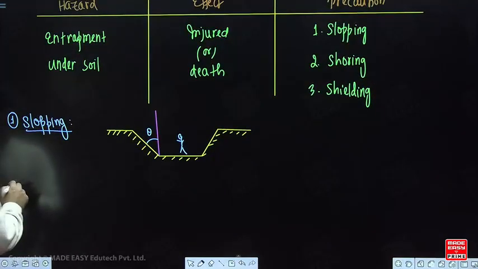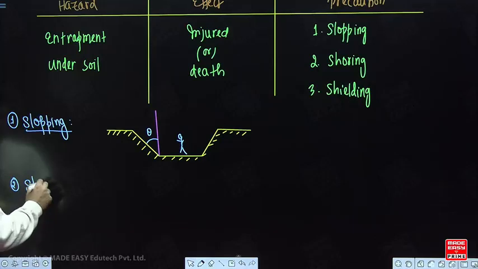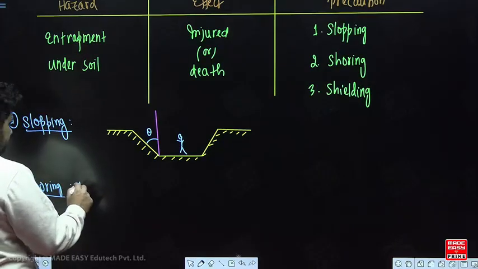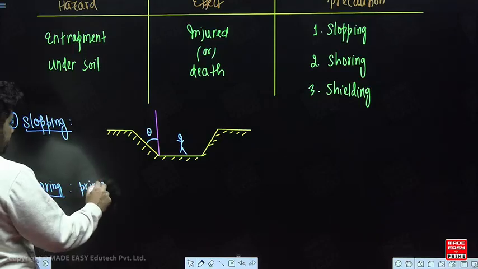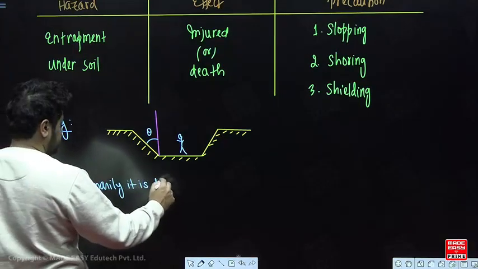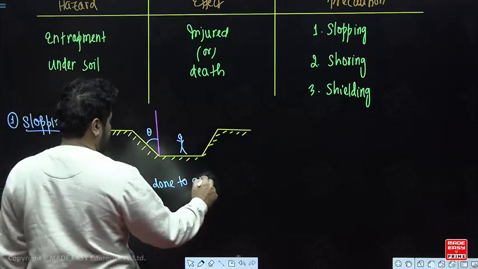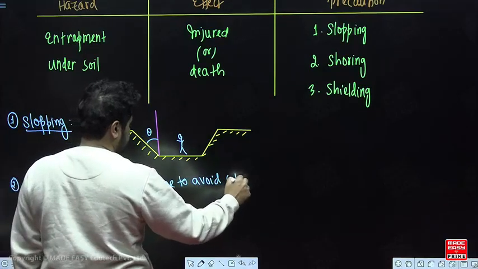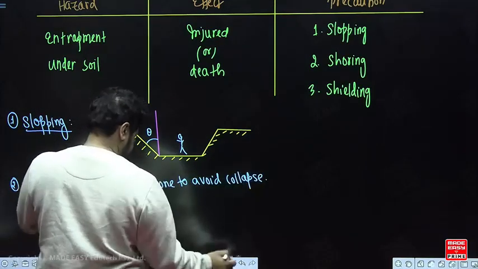Correct? Okay. Now what is your shoring? I will show you the picture also. It will become more clear. Shoring. Primarily it is done to avoid collapse. इसमें क्या होता है ये देख लेते हैं.